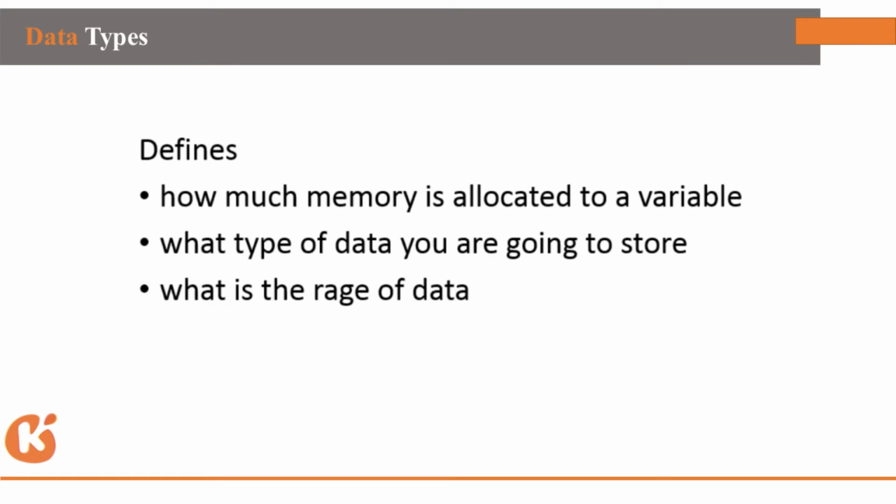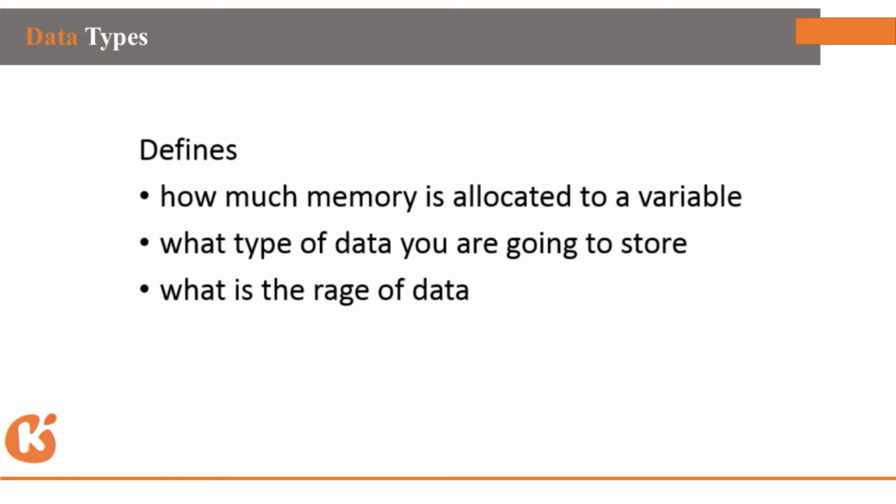First it will define how much memory is allocated to each and every variable, then what type of data you are going to store. If you are going to store a number, we'll be using integer. If you are going to store some characters, we'll be using string. If you are going to store true or false values, we'll be using Boolean. Like that we have many data types. Then what is the range of data?